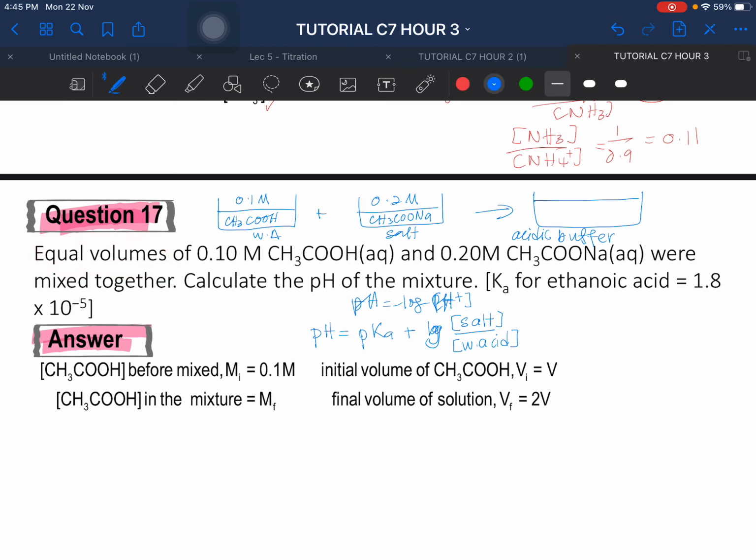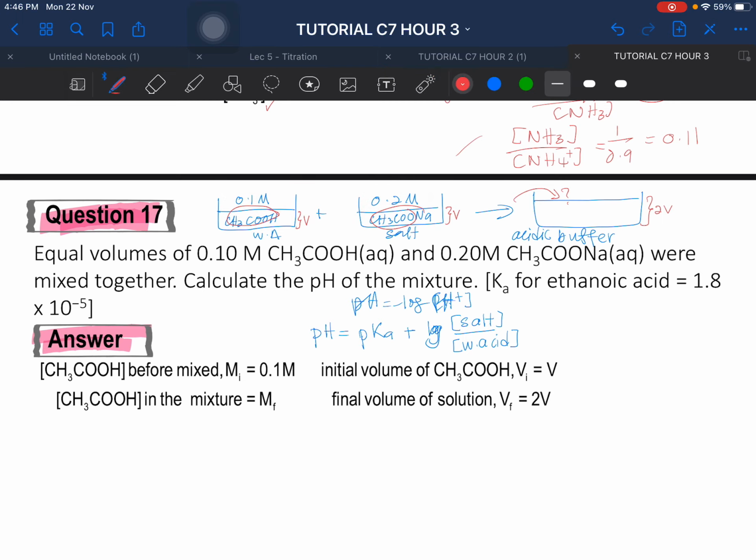Let's assume that the volume of the acid is V and the salt also has volume V. If we mix them together, their volume will be 2V. But will the concentrations of the weak acid and the salt be the same in the new mixture? Of course, if we change the volume, the concentration also changes.